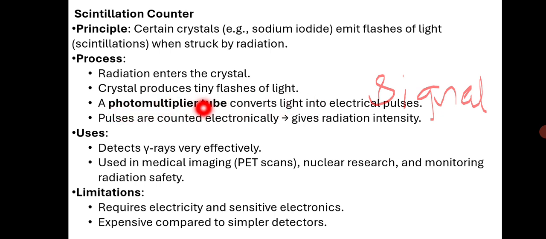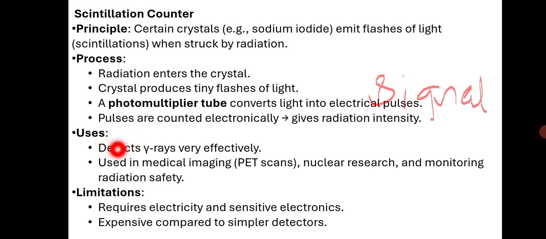Those flashes of light are converted into electrical pulses or signals. Then the pulses or the signals are counted electronically to give the intensity of radiation. You should be able to write this in a 5 marks question: briefly describe how a scintillation counter works.